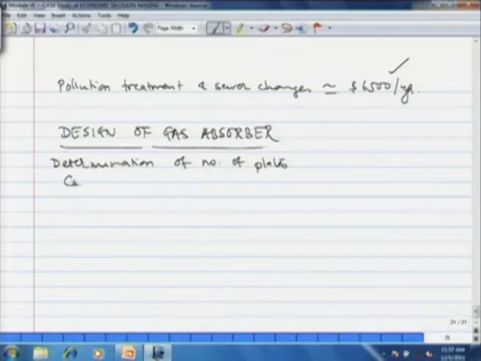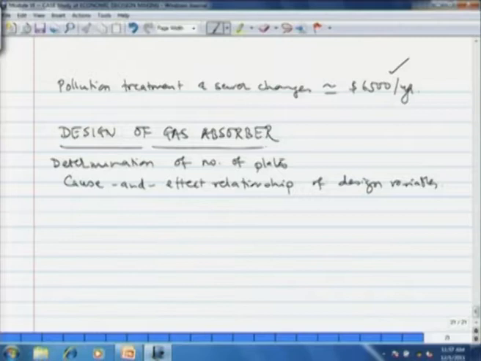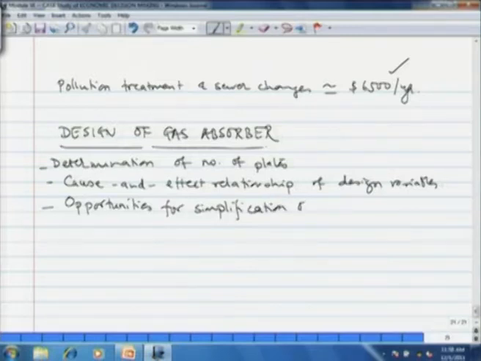We also need to know the cause and effect relationship of design variables, and opportunities for simplification of unit operations.